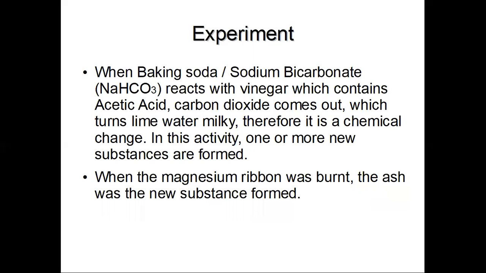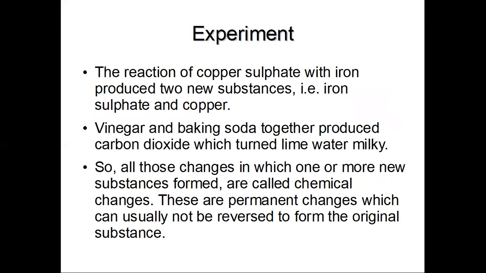When a magnesium ribbon was burnt, the ash was the new substance formed. The reaction of copper sulfate with iron produced two new substances, that is, iron sulfate and copper.